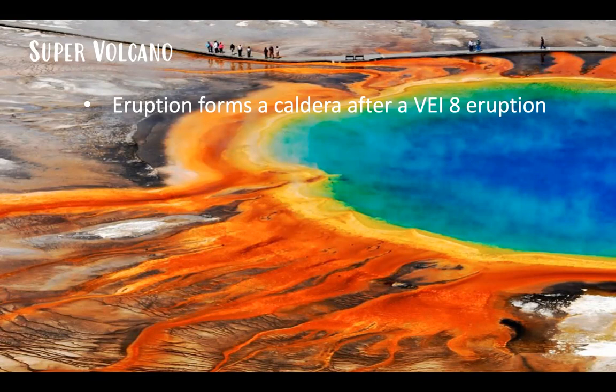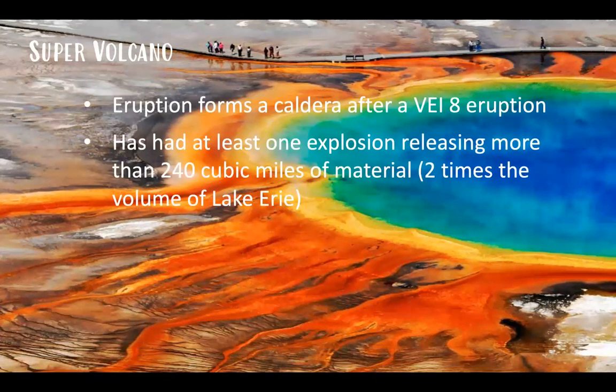So that's the volcanic explosivity index. And that's one of the highest ratings; there is no end to the rating scale, but that is one of the highest known. So it has to have had at least one explosion of that size, and it releases more than 240 cubic miles of material.